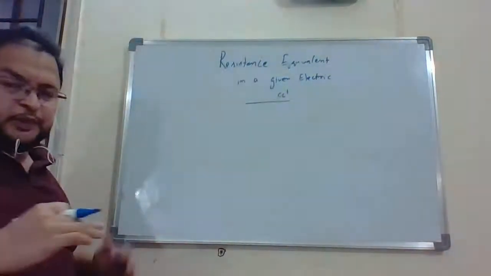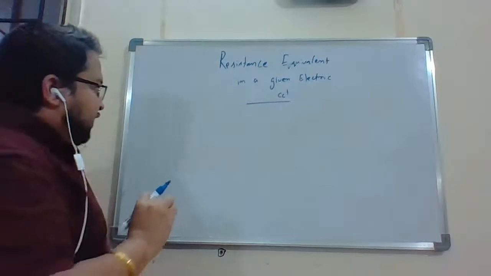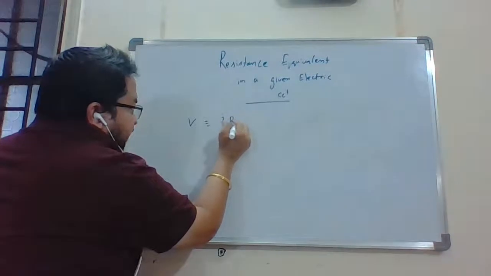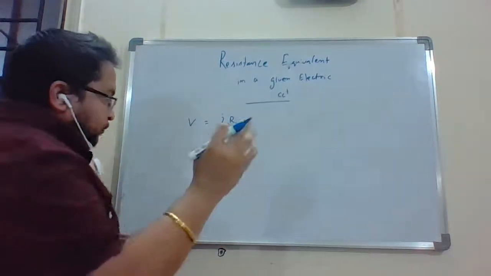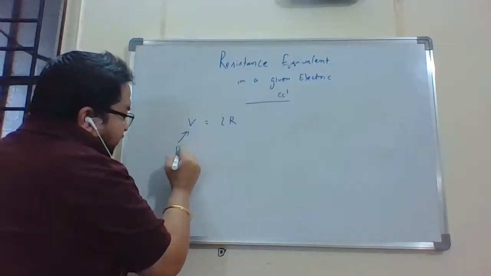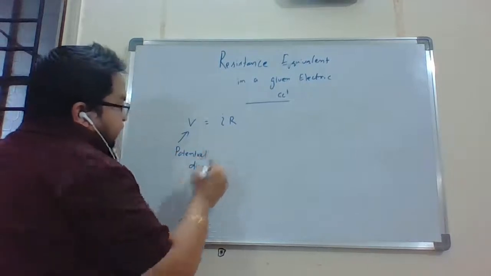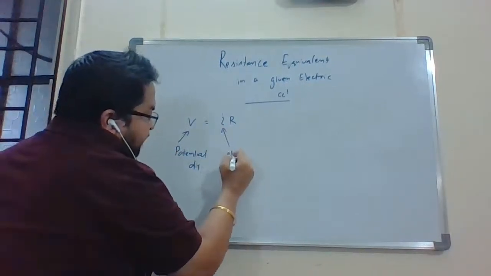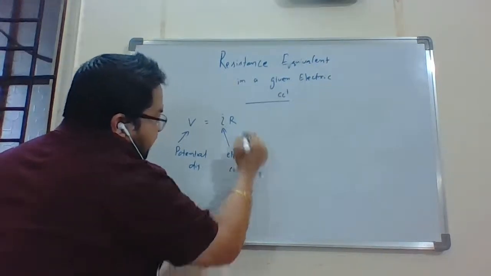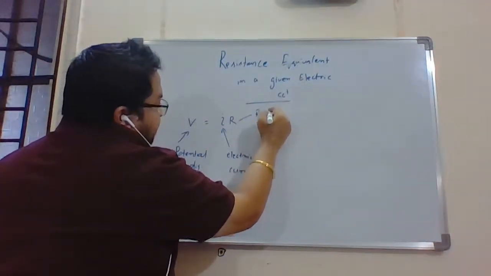So let's begin with just this much, a formula that we have studied in high school: V equals IR. Here, the symbols mean: V stands for potential difference, I stands for electric current, and R stands for the resistance.